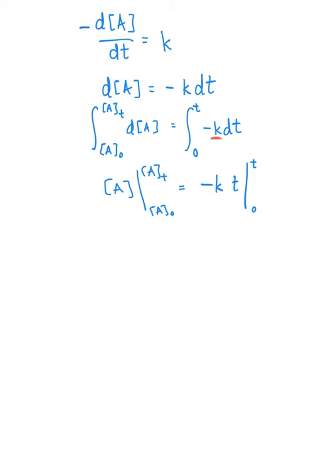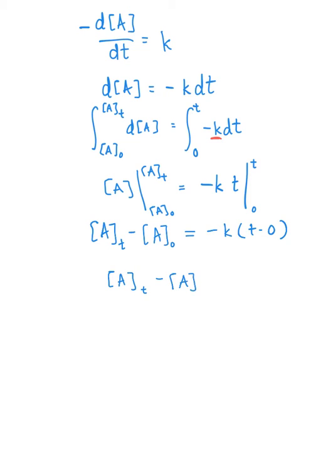From this, we end up with concentration of A at time t minus concentration of A initial, or at time 0, is equal to negative K times t minus 0. Rearranging one more time, and we end up with this.